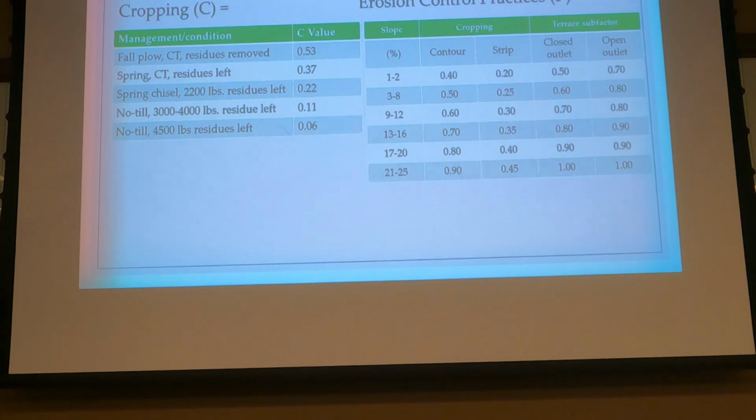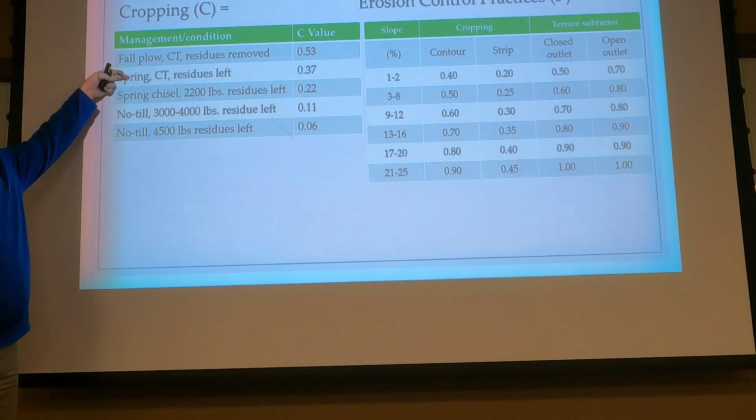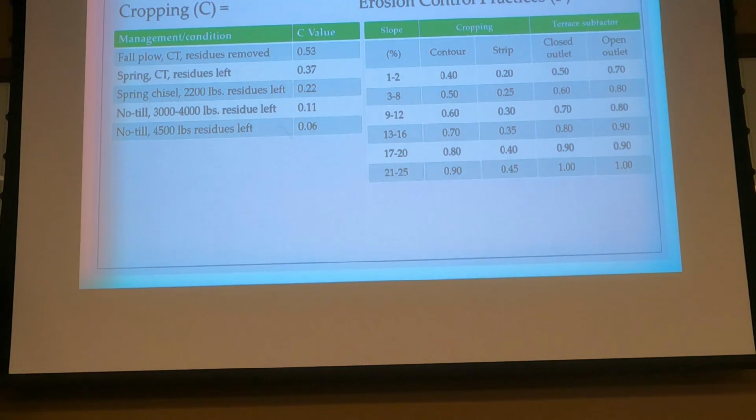What was our crop management situation? Conventional spring plowing. CT is conventional till. And I hope you find something that says different for the acronym for conservation tillage, because I hate writing CT, because it just tells me that it's conventional till.